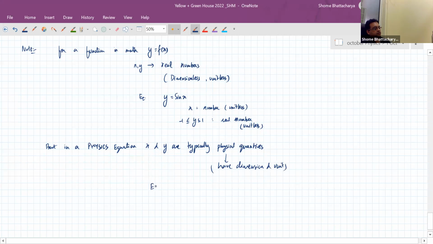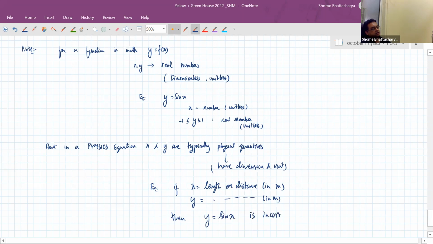So, for example, if x is a length or distance in meters, and y is also a length or distance in meters, then the equation y is equal to sin x is incorrect. It is dimensionally invalid.